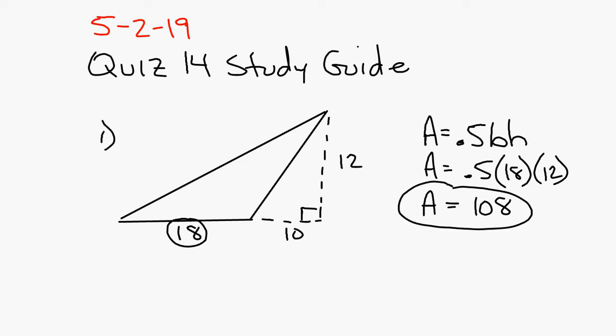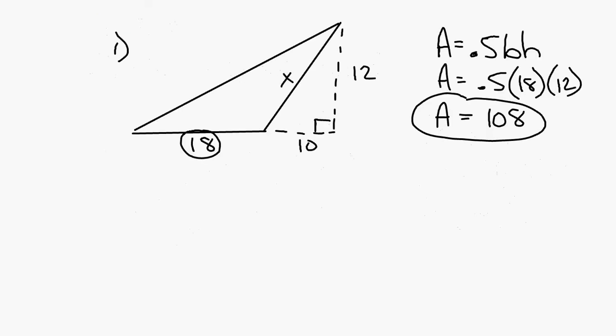Second part of the problem, you need the perimeter. So you need to find some missing side lengths. This is the first side you need. We'll call it x. You got to use the Pythagorean theorem to find it. So you got 10 squared plus 12 squared equals x squared.